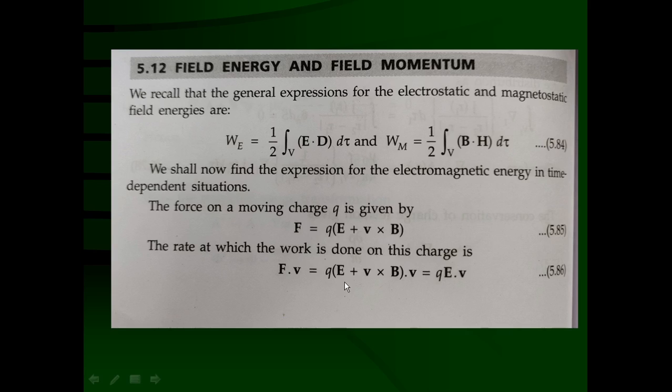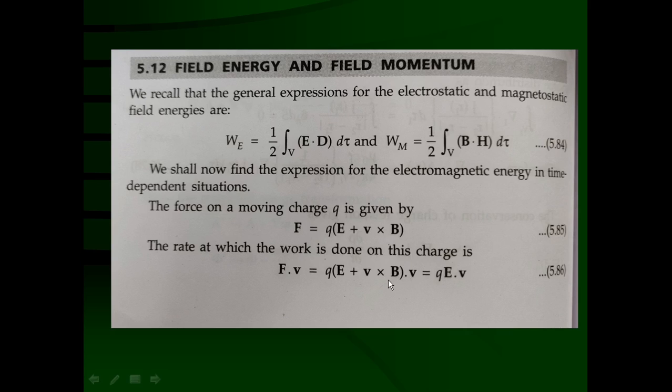Remember, all bold letters represent vector quantities. Here the first term is q into E dot v, and the second term is v cross B dot v. But v cross B is perpendicular to the velocity vector v, and the dot product of two perpendicular vectors is zero.